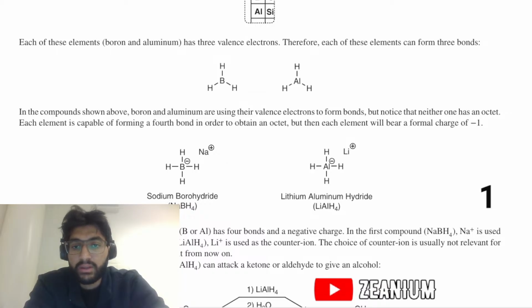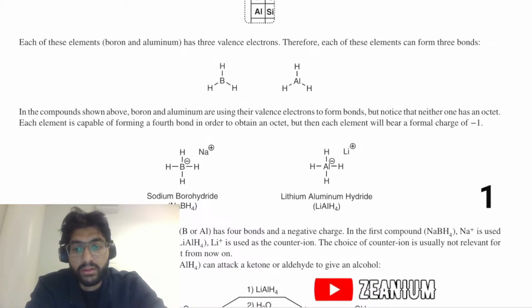In the compounds shown above, boron and aluminum are using their valence electrons to form bonds. But notice that neither one has an octet. Each element is capable of forming a full bond in order to obtain an octet, but then each element will bear a formal charge of -1.